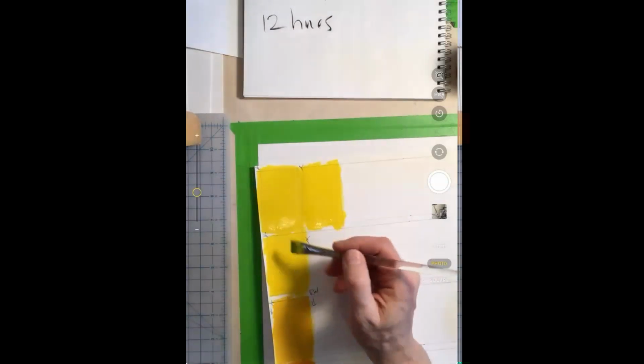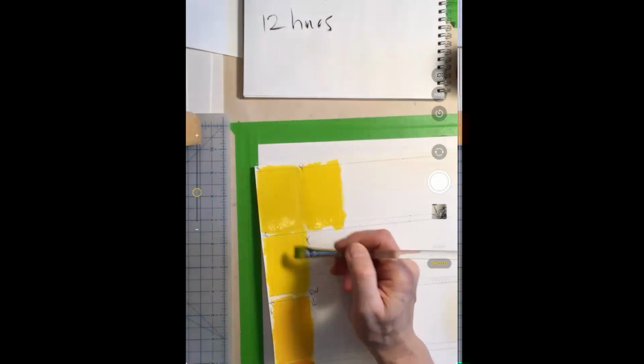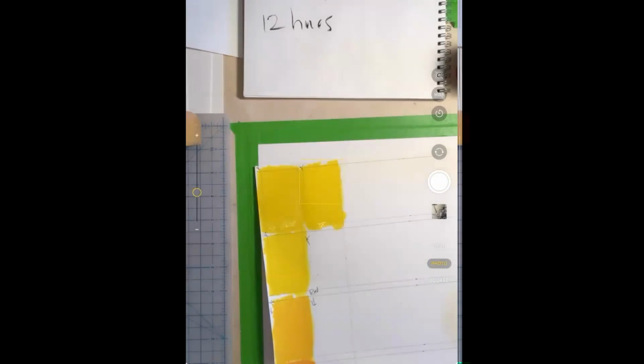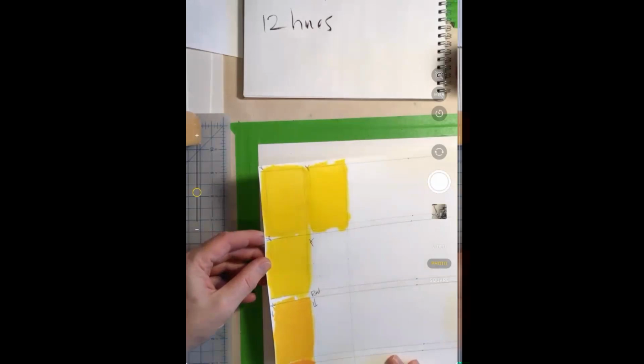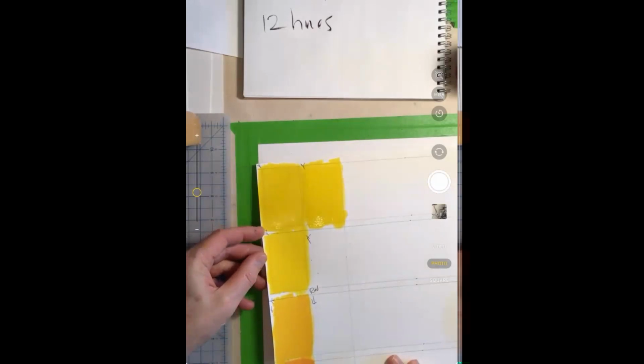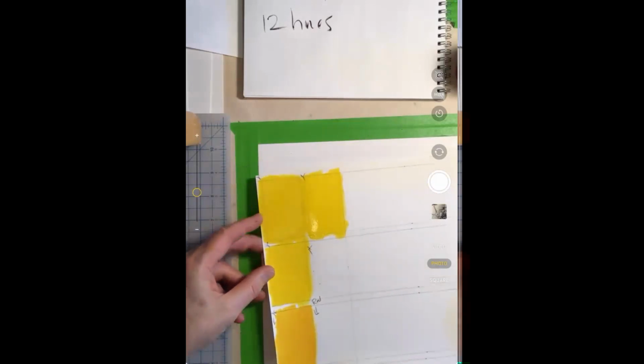You can get chunks of dried paint, and it can make what looks kind of like a big hole in it. But that actually looks better now that I painted this second layer. But you can see with the light shining on it, there's a little bit of texture. That little bit of texture will flatten out.